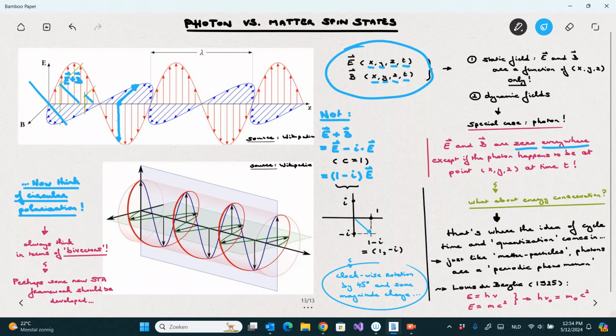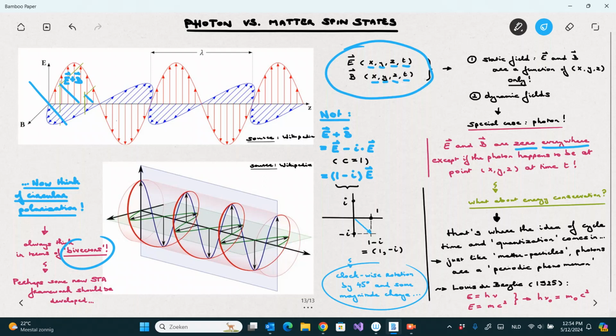And you will see the electric field vector goes up and down, and the magnetic field vector also goes up and down. And the funny thing is that to define this photon, we could define it by what I call a bivector.